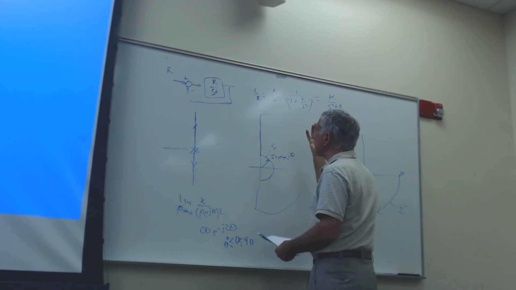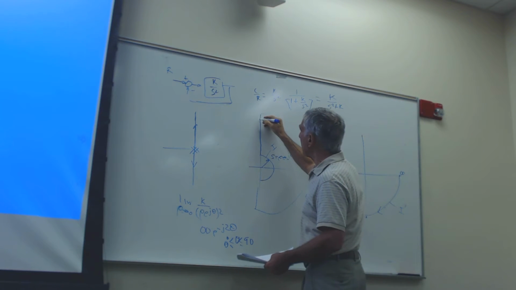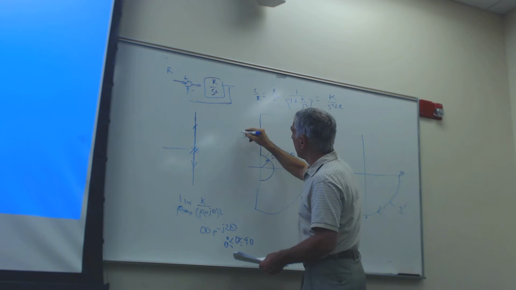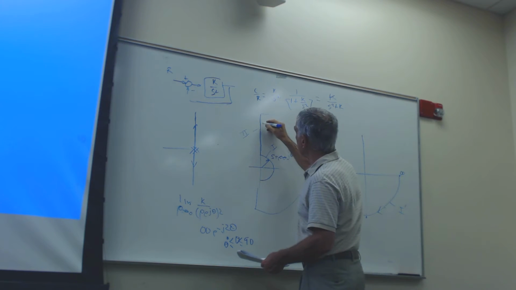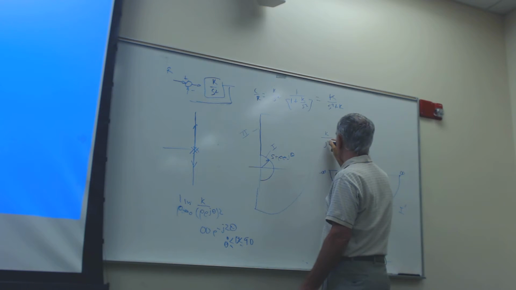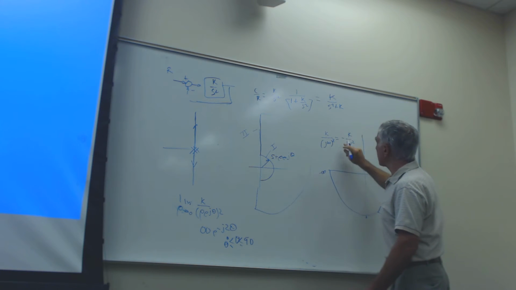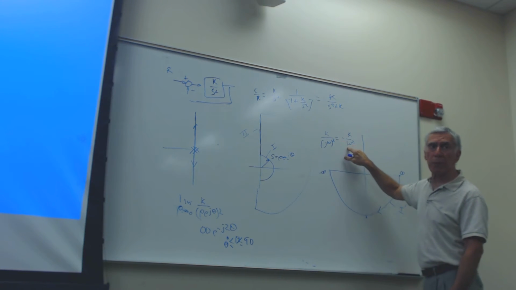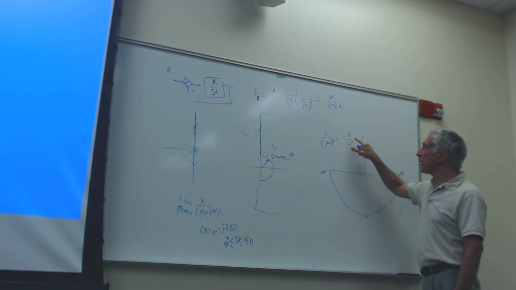Okay, replacing S by j omega here, right? S equals j omega, so you've got j omega quantity squared. That's equal to minus k over omega squared. And this is a negative real number, negative real number for any positive value gain k.